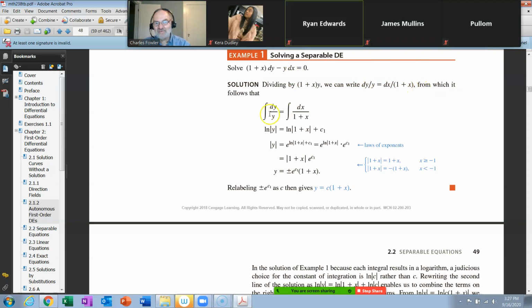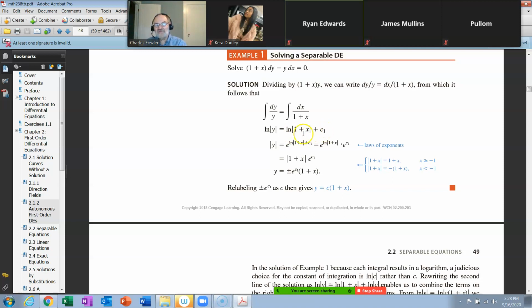Okay? From which it follows that you can integrate both sides of that equation, and that gives you log y is equal to log of 1 plus x plus some constant c. That's where I put log c because I knew what was coming up. Now, then you took the inverse function of both sides, which is e of both sides, e of log y is equal to e of log of 1 plus x.